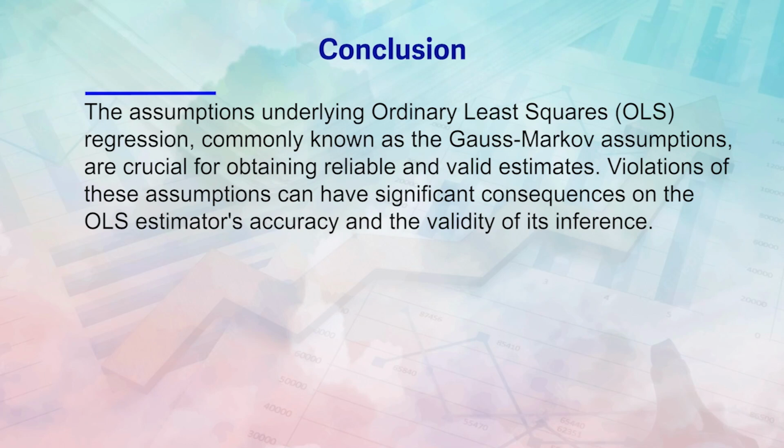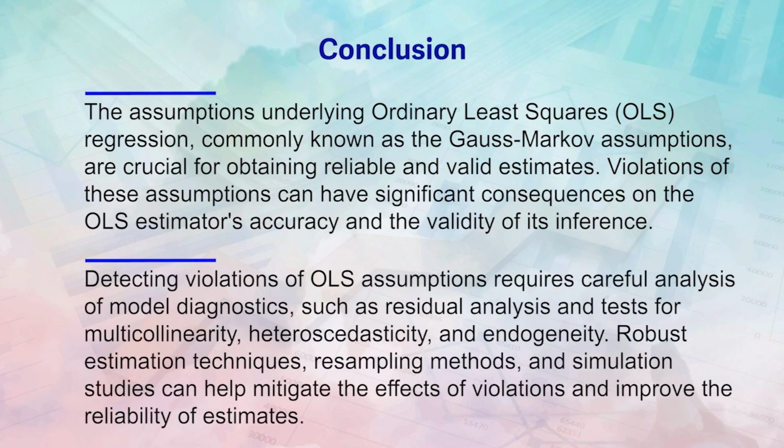So in this particular module, we come up with violations of the OLS assumptions, not only in terms of detection or tests, but we are also suggesting some alternative methodologies to combat the problem. The OLS assumptions follow from the Gauss-Markov theorem, which are reliable and provide accurate and valid estimates. But if we detect violations such as multicollinearity, heteroscedasticity or endogeneity, then all of these affect the reliability of the estimates.